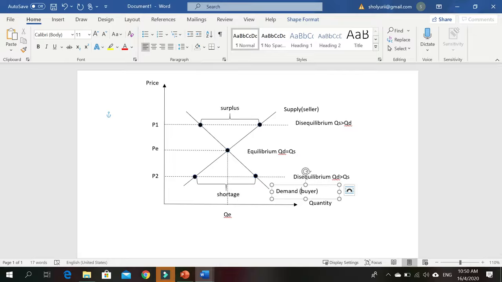When ada dua-dua curve, itulah yang kita namakan sebagai market. So why is it important to know the information about the market? Because in the market, we can determine the price equilibrium and quantity equilibrium for both the buyer and seller. This is a very important information yang buyer dan seller nak.